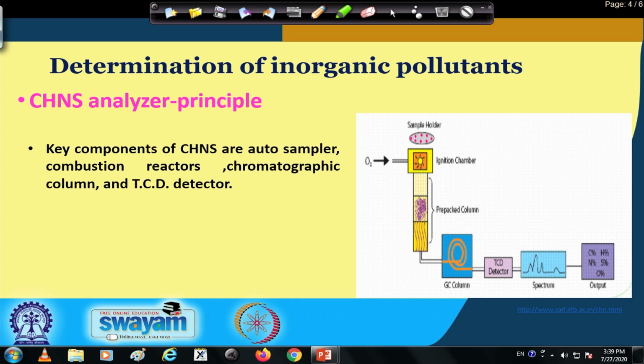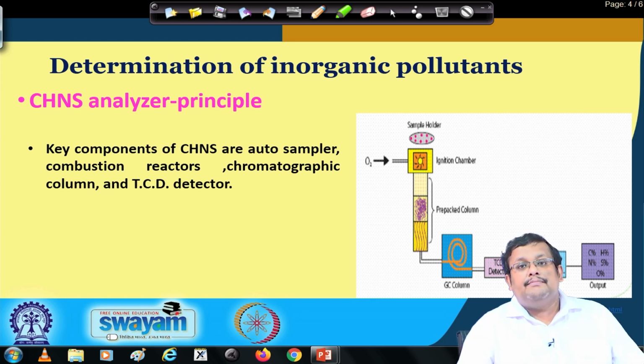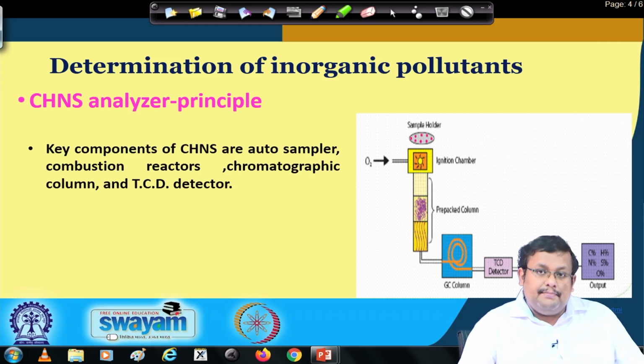So, we started with the ion specific electrode for determination of inorganic nitrogen, and then we talked about the continuous flow analyzer, and also the discrete analyzer for measurement of inorganic nitrogens, and then for measurement of total nitrogen we talked about the Kjeldahl method, which is known for wet digestion, and also for dry combustion we have the Dumas method, and this method is basically performed with this CHNS analyzer instrument.